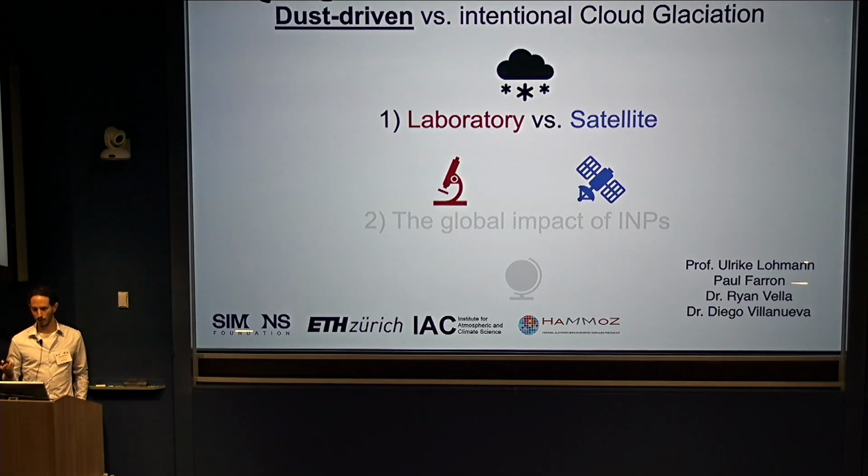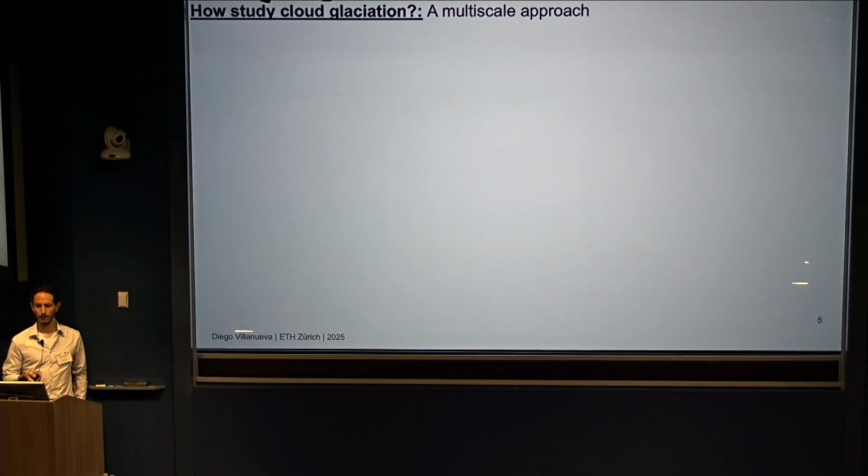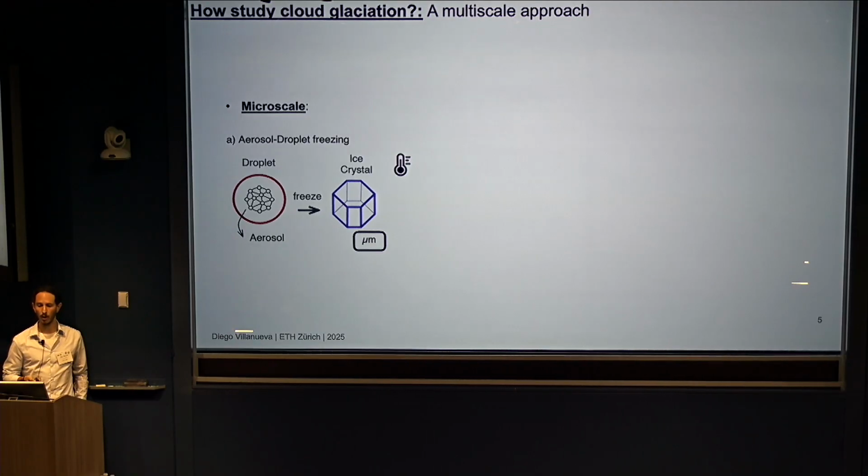So I want to get into what we know from laboratory and satellites. First, on the microscale, we know how droplets freeze. So we know at which temperature a given material will lead droplets to freeze. And we know that it's all about the amount of surface that you have in these aerosols inside these clouds.